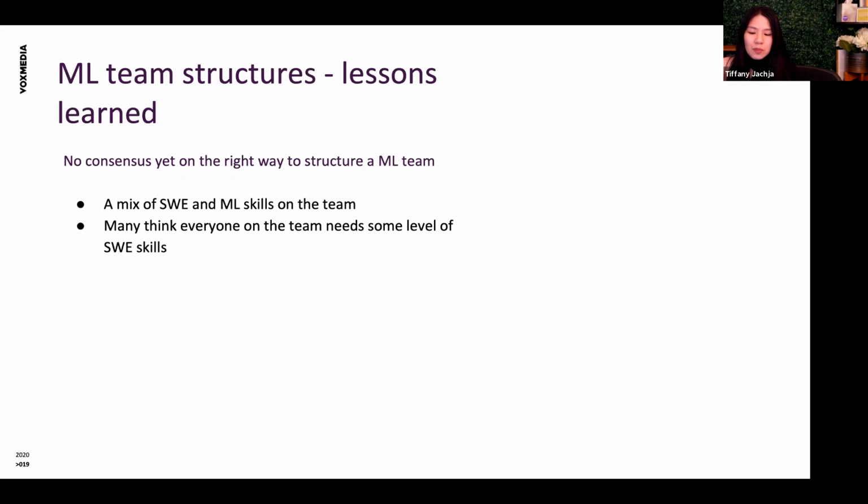The typical way that we want to structure them is to have a good mix of software engineering skills and machine learning skills on the team, just because it's that good balance. A lot of machine learning folks come from a heavy academic background, but those skills aren't necessarily the same skills that you need to get something working in production, right?